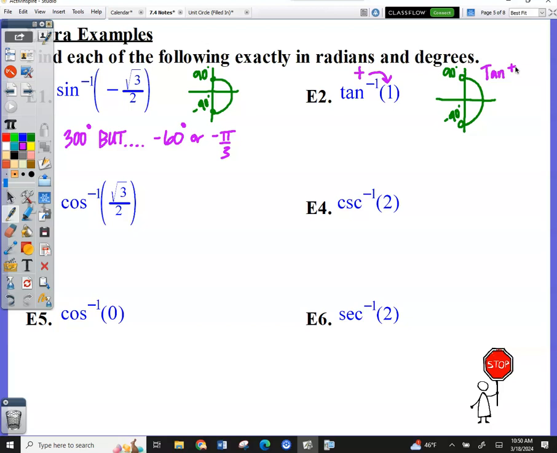So in quadrant 1, I ask myself, when would I divide y over x? You're saying to yourself, when y divides by x and gives me 1, what is the angle? And it would be 45 degrees. Does that make sense?